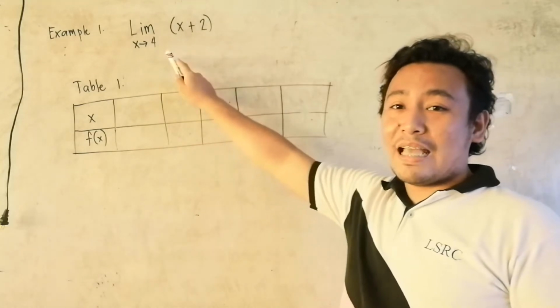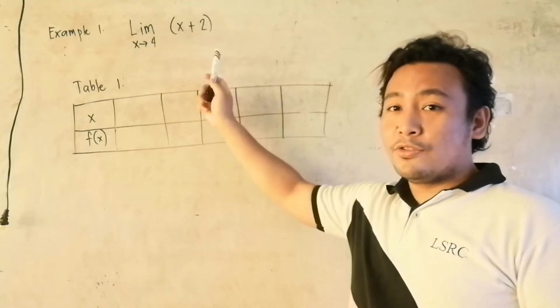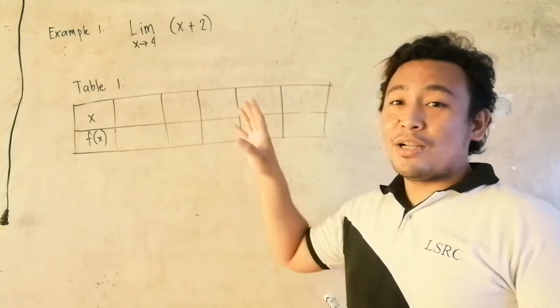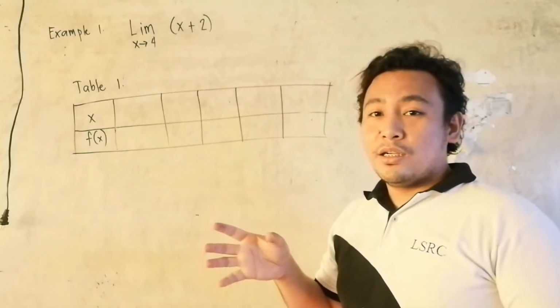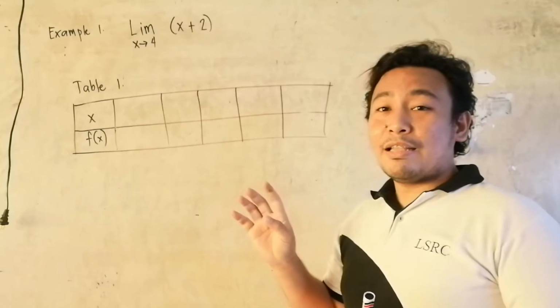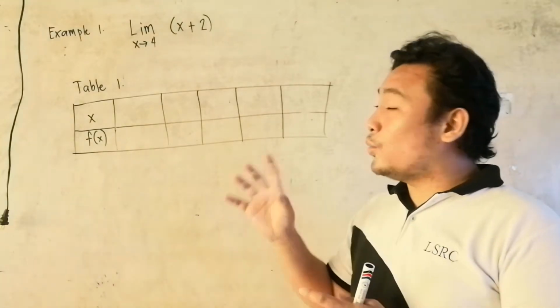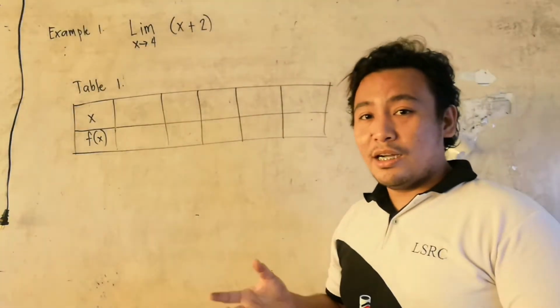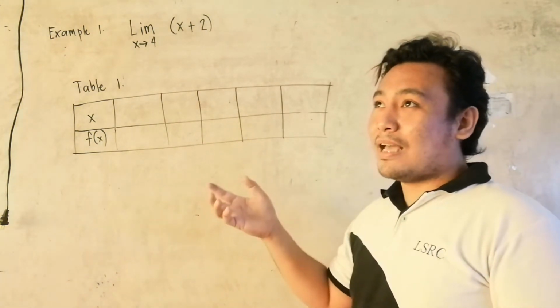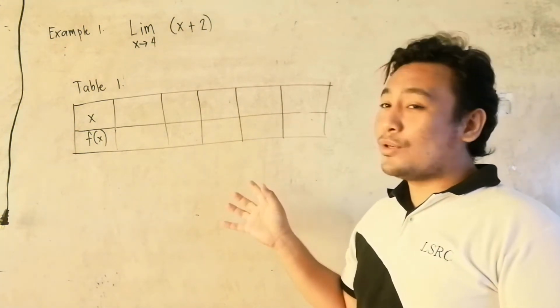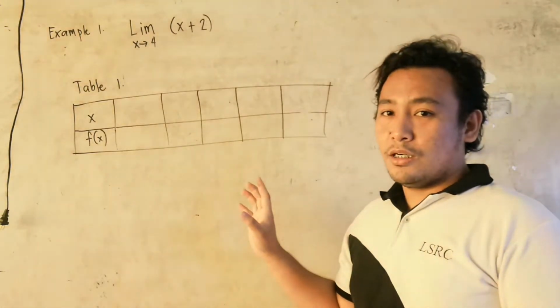Sabi dyan, as x approaches 4. So this simply means, yung arrow na yan, ang sinasabi is, yung x daw is papunta sa 4. Hindi siya pwedeng maging 4 kasi nga, it only approaches 4.